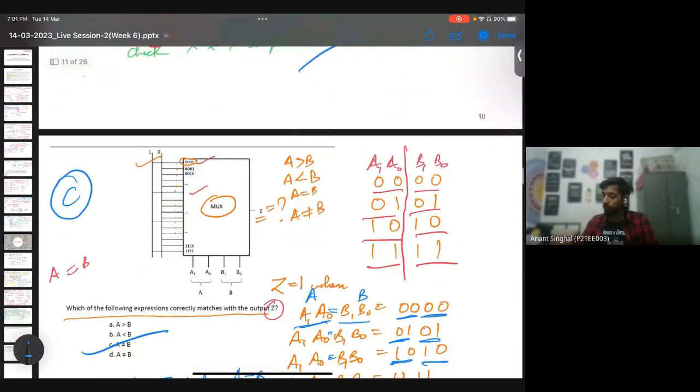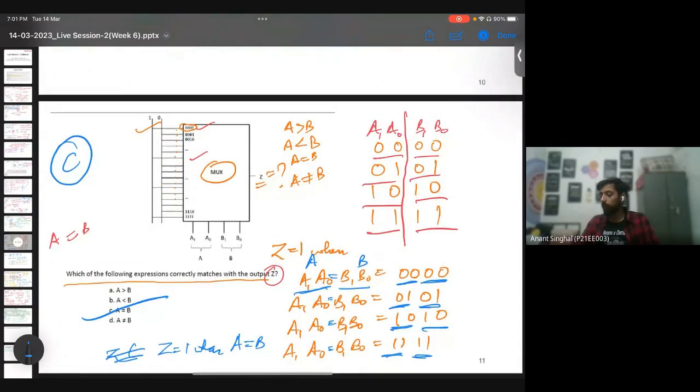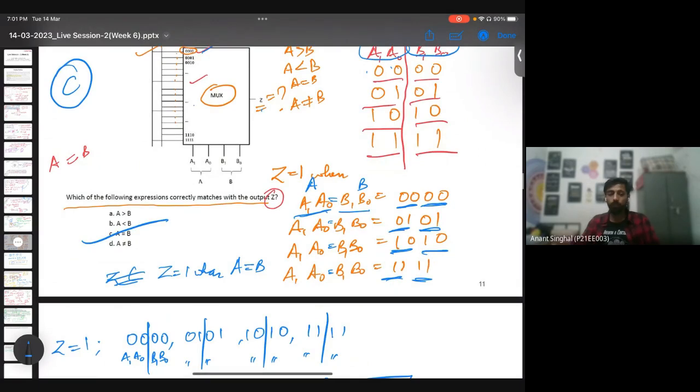Then we covered an interesting question on a mux, where z equals 1 when certain outputs were attached, and we found that whenever those outputs were attached, a1 a0 was always equal to b1 b0, from which we concluded that a is always equal to b.